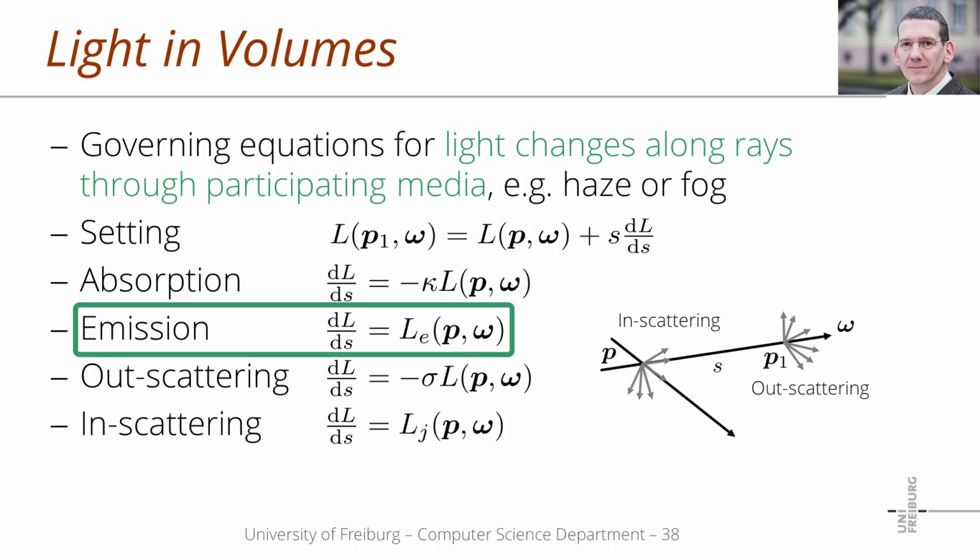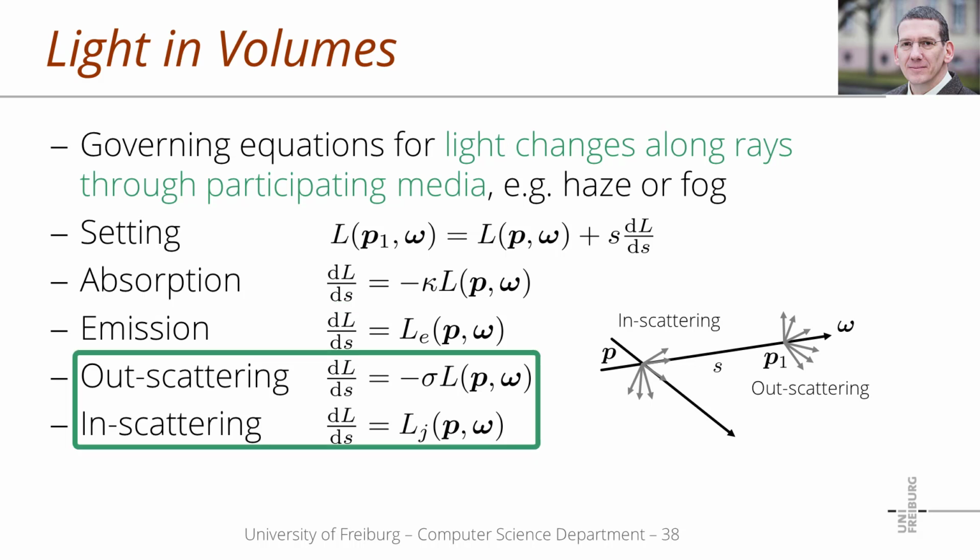Light can be emitted, so we can add some light while moving from P to P1, or we can have inscattering and outscattering effects. Outscattering means that light that originally moves along direction omega changes its direction into any other direction, and inscattering refers to the effect that light that has originally moved into another direction changes its path into the direction omega.